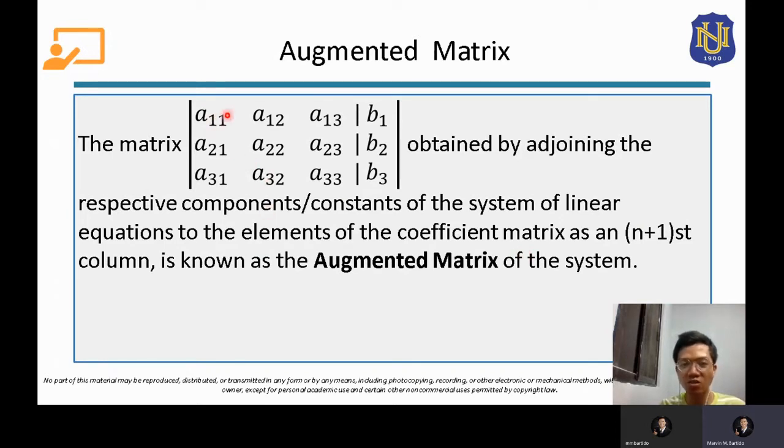So for the augmented matrix, we just have to put the constants beside the coefficient matrix. This will be the augmented matrix.